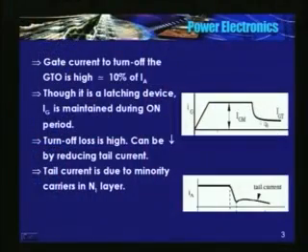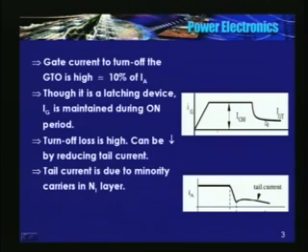What is another feature that has to be taken into account while turning on? A continuous gate current should be maintained in the on period. Okay. So, it is something like this. Having turned on the device completely, the gate current can be reduced, but a small current should be maintained continuously.